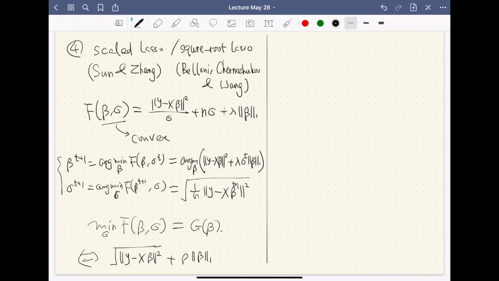Okay, so now the last topic about high-dimensional linear regression is Bayes methods. So let's spend a few minutes talking about Bayesian sparse linear regression.